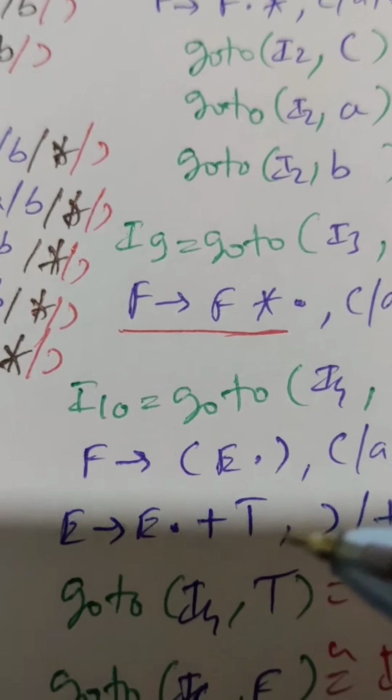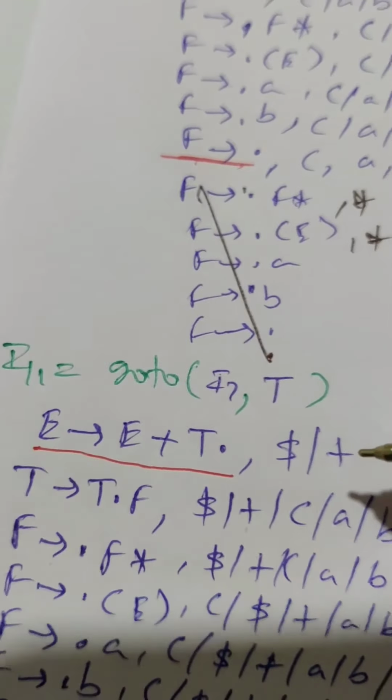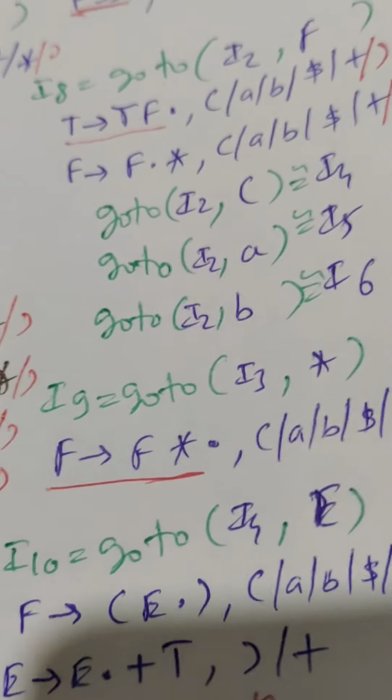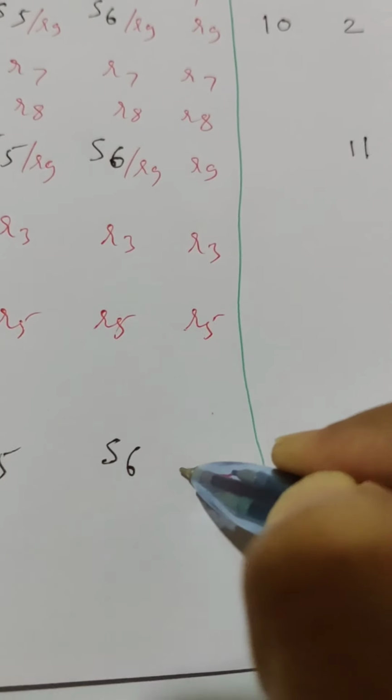Okay. Then next you'll find atom number 10, nothing finishing. Atom number 11, E goes to E plus T. So E goes to E plus T, rule number 1. Rule number 1 in dollar and plus. So it's R1 on plus, and dollar is also R1.